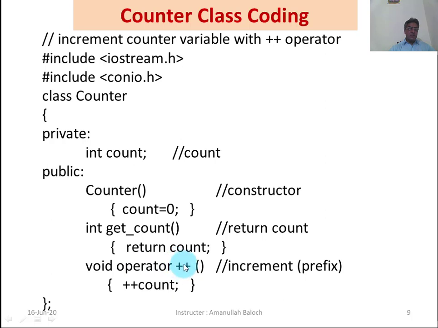We cannot normally use symbols as the name of a function, but when we use the keyword operator, the computer understands that the symbol after this keyword is an operator. So the computer allows the symbol as a function name because we are using the keyword operator with this symbol.